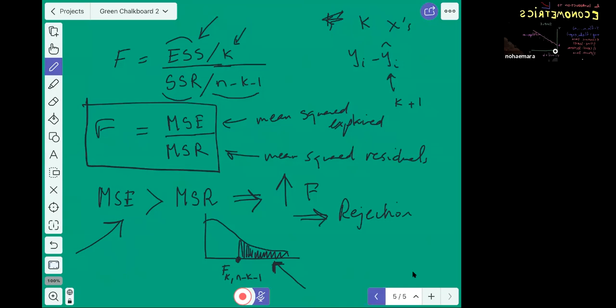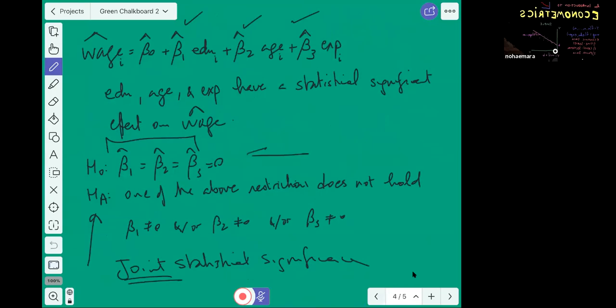And what are you rejecting? You go back here, I'm rejecting this, right? If I'm rejecting this, then at least one of the above restrictions does not hold. So at least one of them is statistically significant.